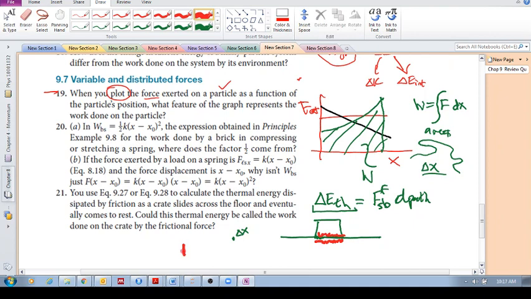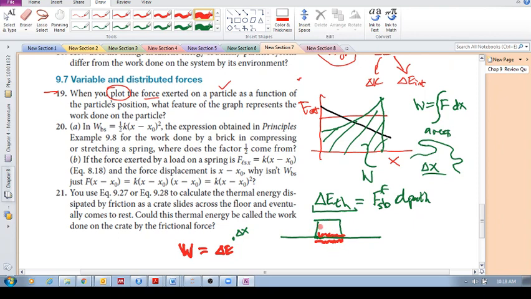Remember, work is the change in energy of your system. So now if we make the crate our system, the force that's being applied is causing this to heat up and that to heat up.